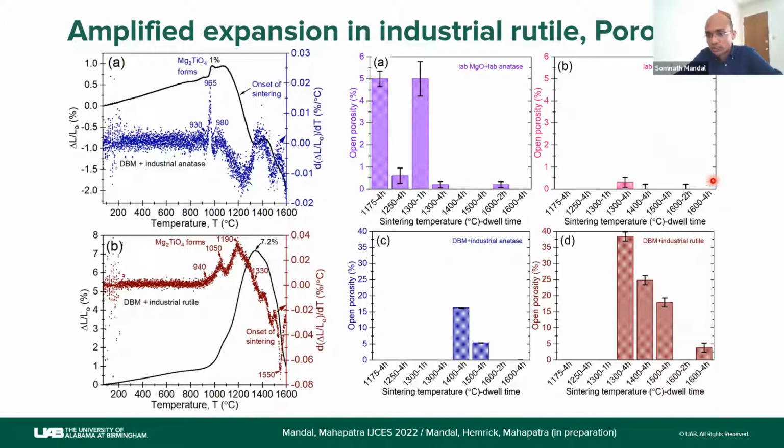And that's what you see here. At 1300 degrees C, which was the optimum for the lab grade material, the open porosity of the rutile based material was higher than the anatase based material. When you check the industrial grade material, 1600 degrees C was the optimum temperature.